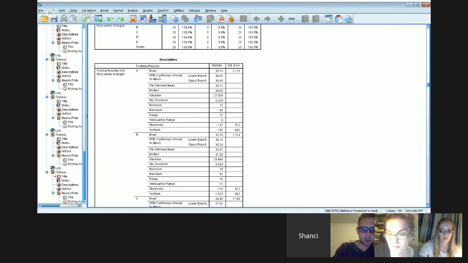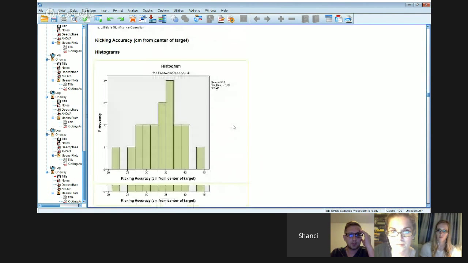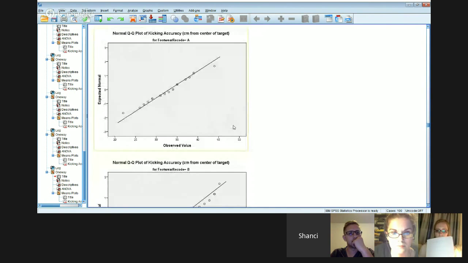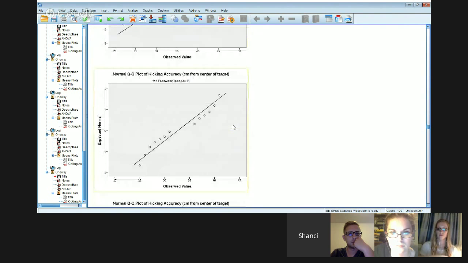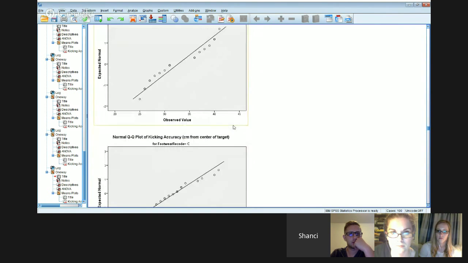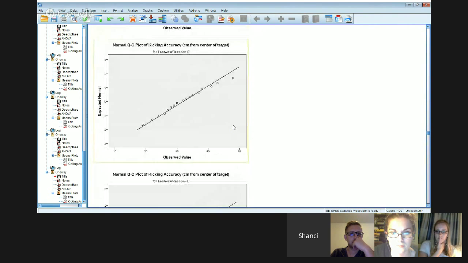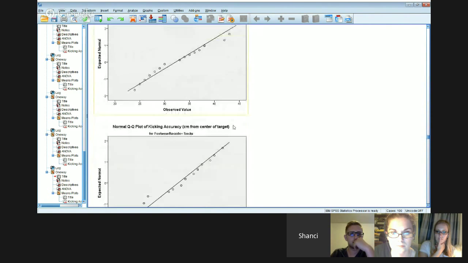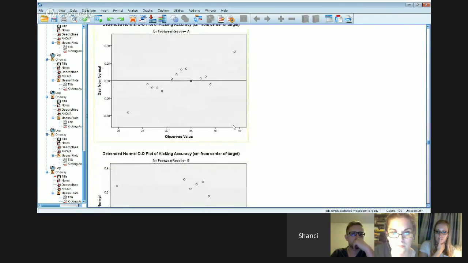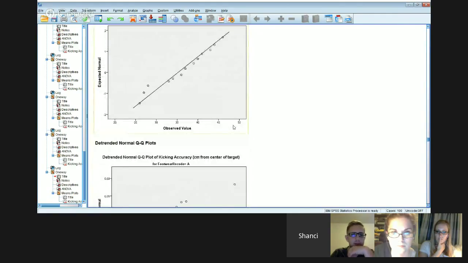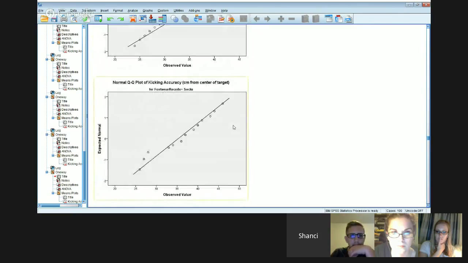Okay. The test for equal variances is satisfied for these data. Go back to your QQ plots. Okay. They look fairly normal. We're not supposed to look at the detrended ones, so the normal ones.